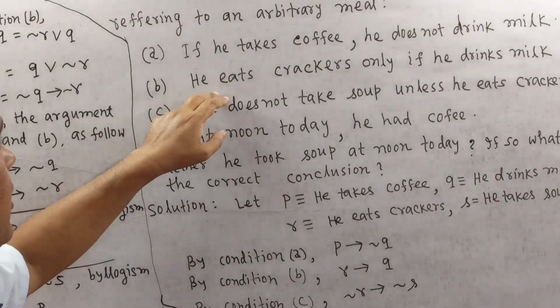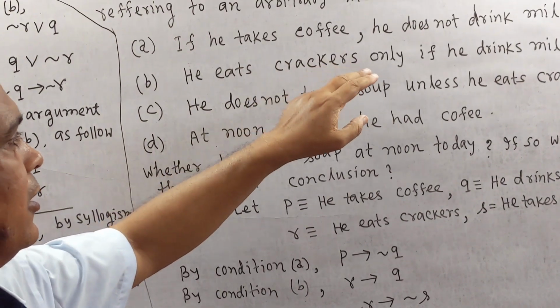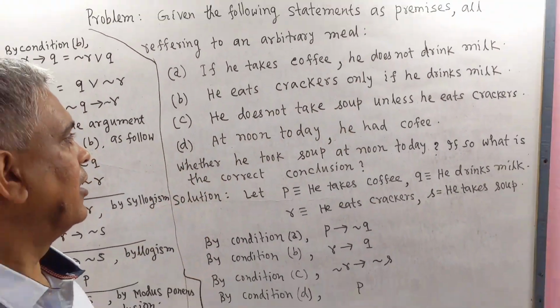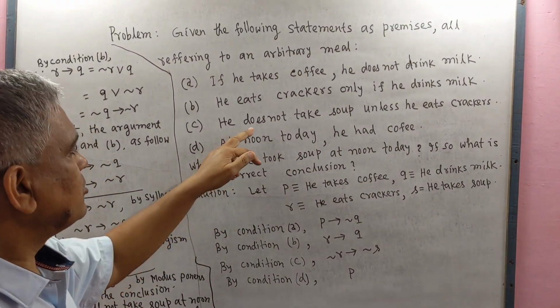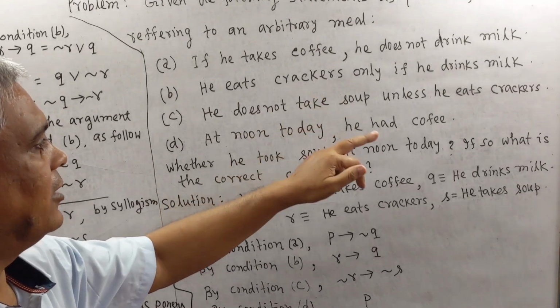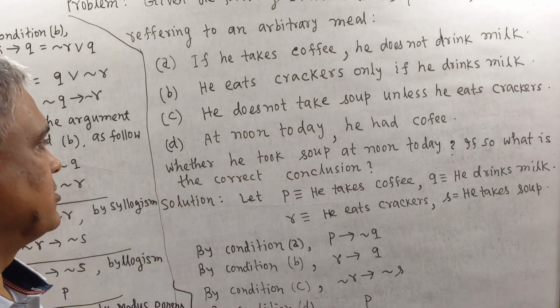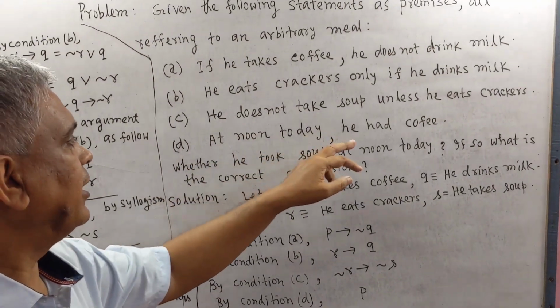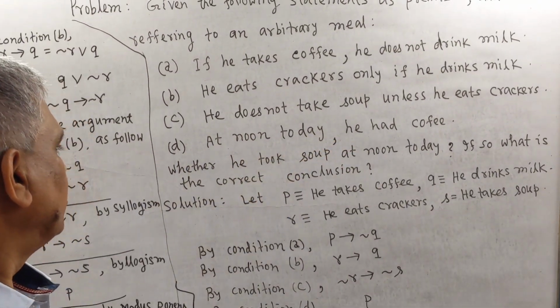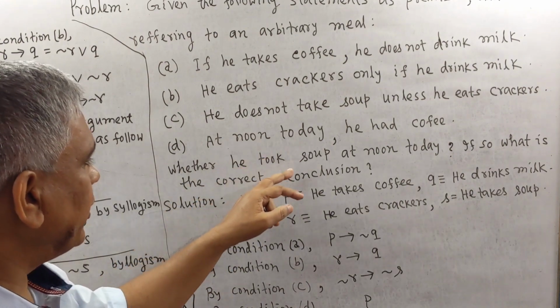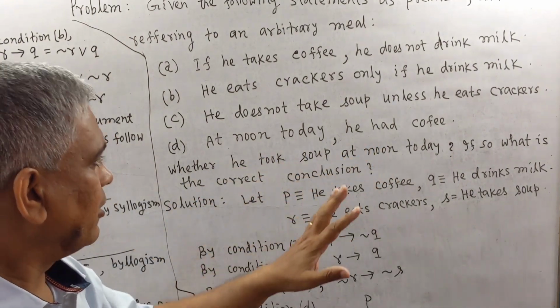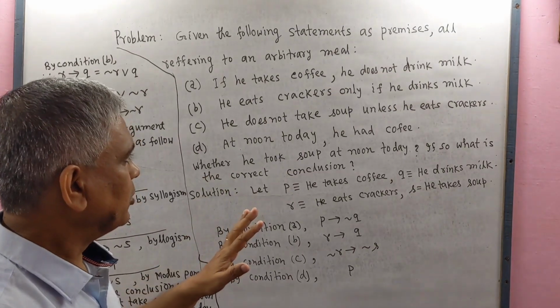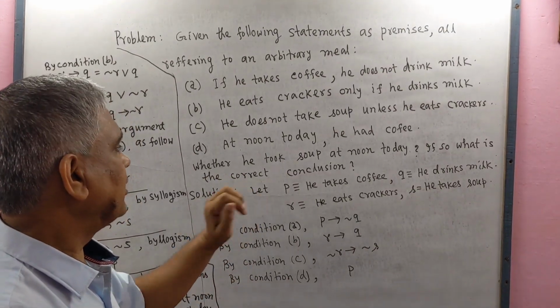Number B, he eats crackers only if he drinks milk. Number C, he does not take soup unless he eats crackers. Number D, at noon today he had coffee. The question is whether he took soup at noon today. If so, what is the correct conclusion?